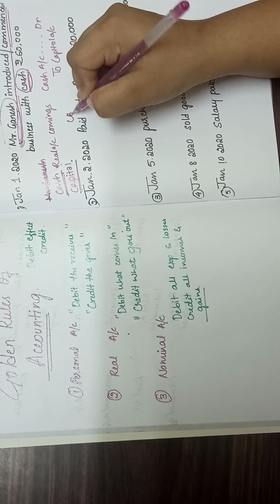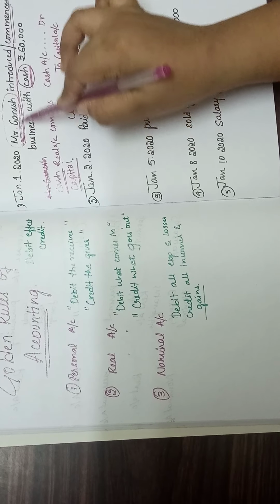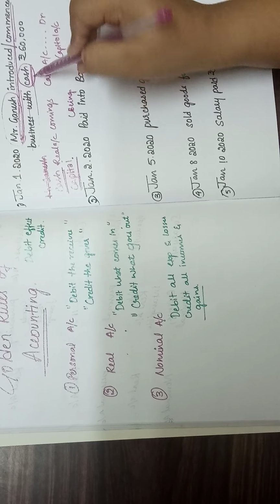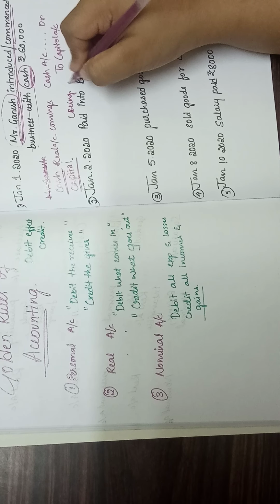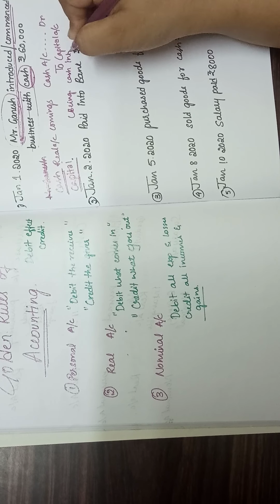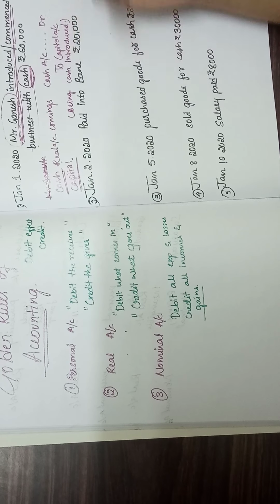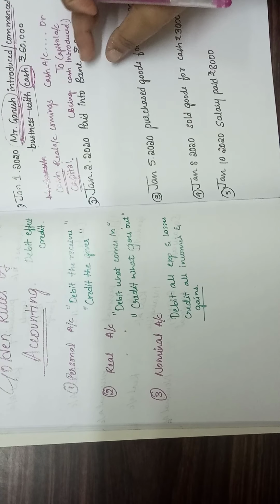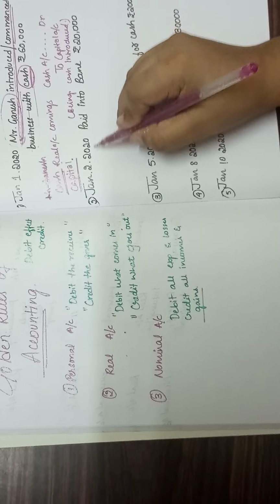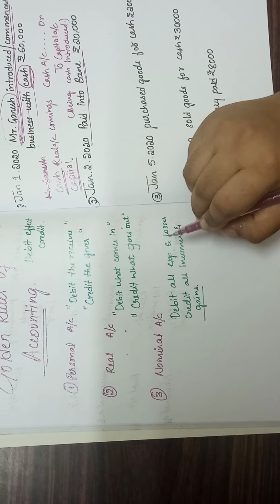And for the narration, you can always write the same statement given in the question, or you can write, cash introduced, in short form. If you have no idea what to write in the narration, you can just copy the question. Now the second part, the money is paid to the bank.